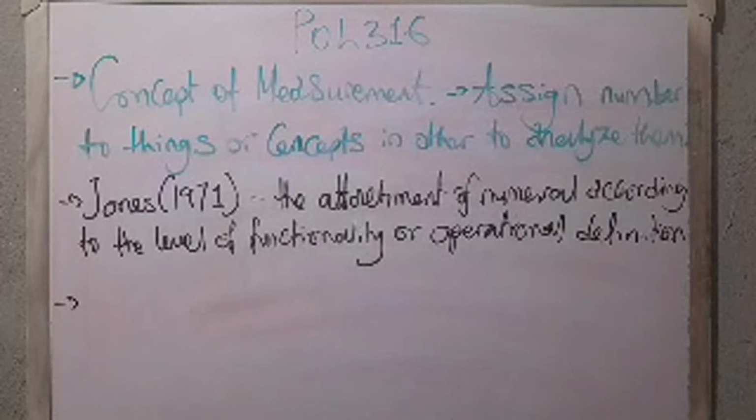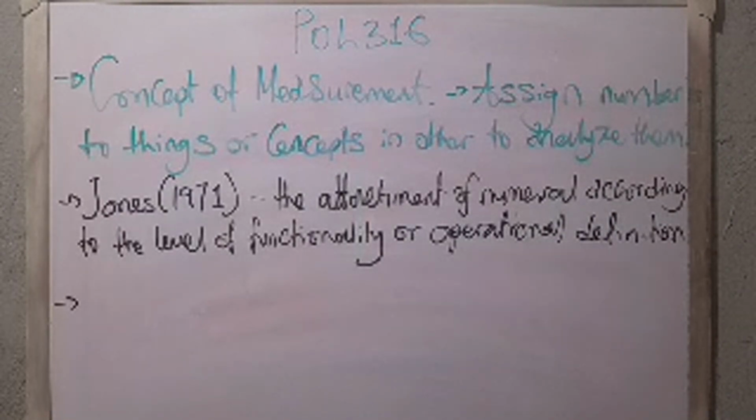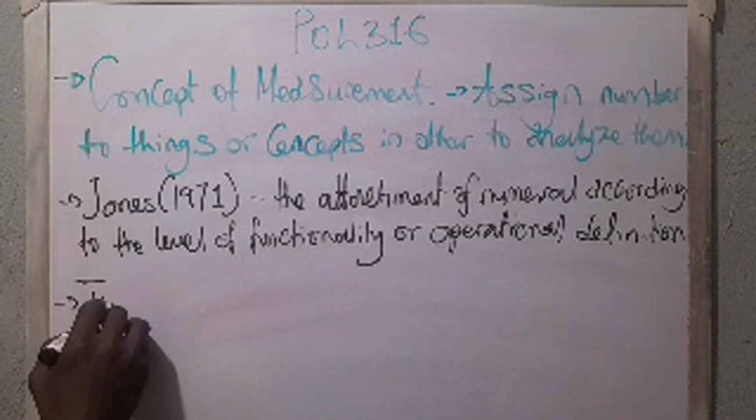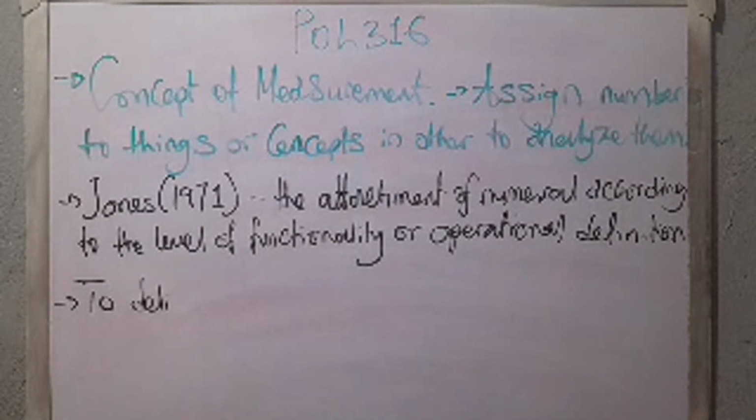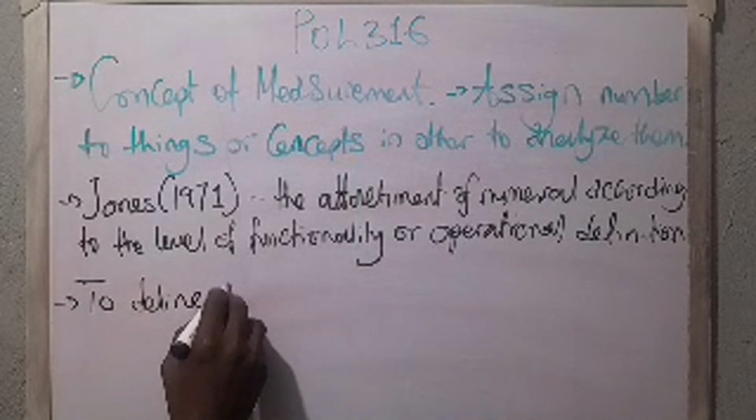First, measurement allows us to delineate, to find differences between people in terms of their characteristics in question. Are we together? Measurement allows us to describe, to set out, to delineate.